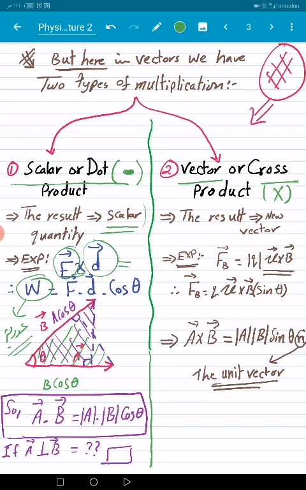So that means if I multiply the F factor by the displacement d, it is equal to the work. والشغل كمية عددية، فهذا يسمى بالدوت factor. So I must put here dot factor because the result is a scalar.